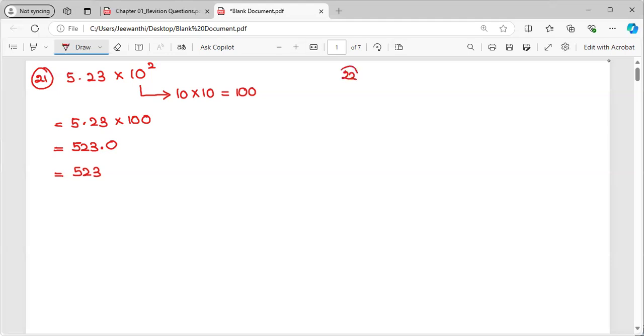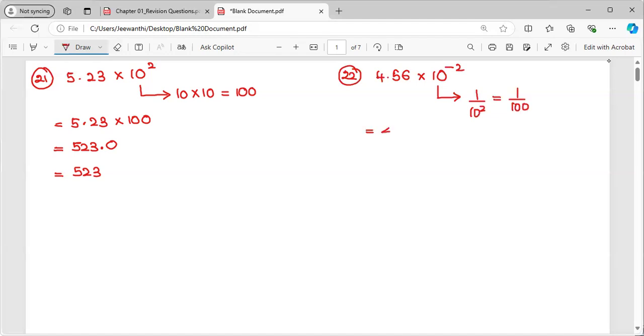Then question number 22, we have 4.56 and 10 to the power negative 2, sorry, 10 to the power negative 2. How are we going to do this? Here we have 1 over 10 to the power 2, so that means 1 over 100.